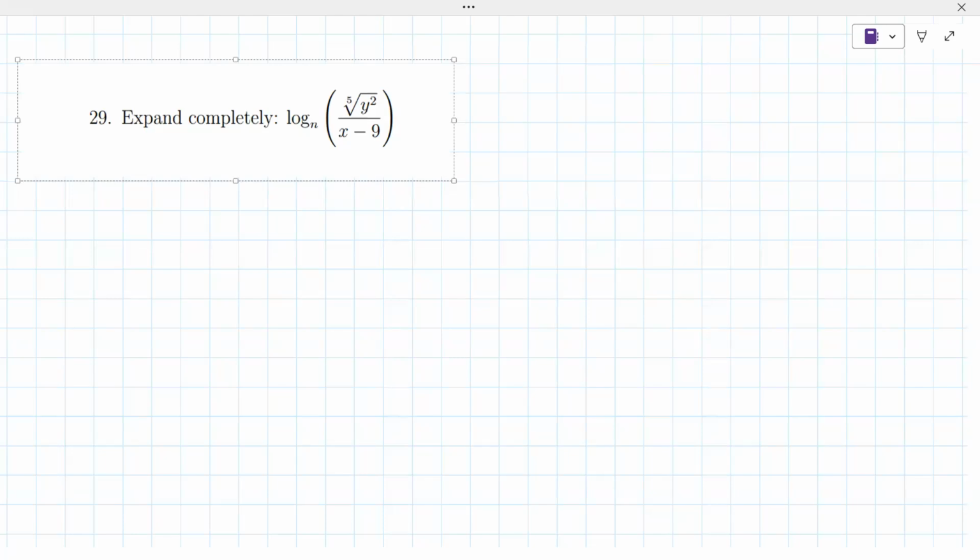For the numerator, because it's square root to the fifth, it'd be 1/5. And with the y equals 2, would it be 2/5? Yeah, log of y, you got it there.